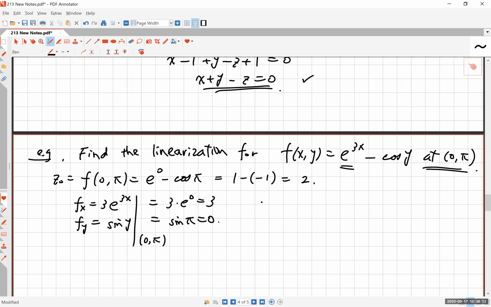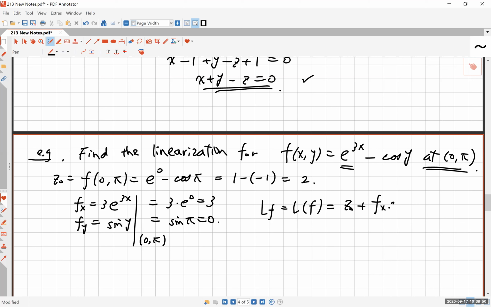Okay, so the linearization of this, you can write this as L of f, or L sub f at 0, pi, or whatever. There are many ways to denote this. Now remember, this is not the function itself anymore. It's a linear approximation of this function f at 0, pi, and that is equal to, I should say z naught first, plus basically dz, the total differential.